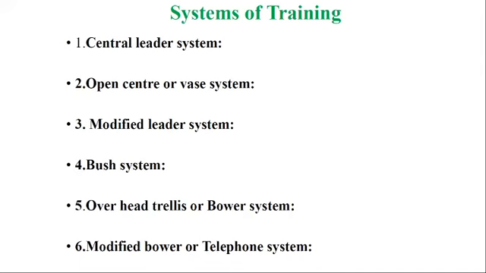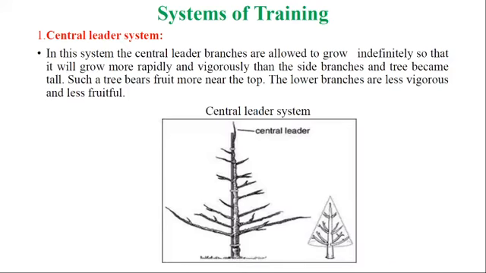There are a few others, like the bush system, overhead trellis or bower system, and the modified bower or telephone system. But out of the six, the first three systems are generally used in the case of fruit plants: the central leader system, open center or vase system, and modified leader system. We will consider them one by one. The first one is the central leader system.